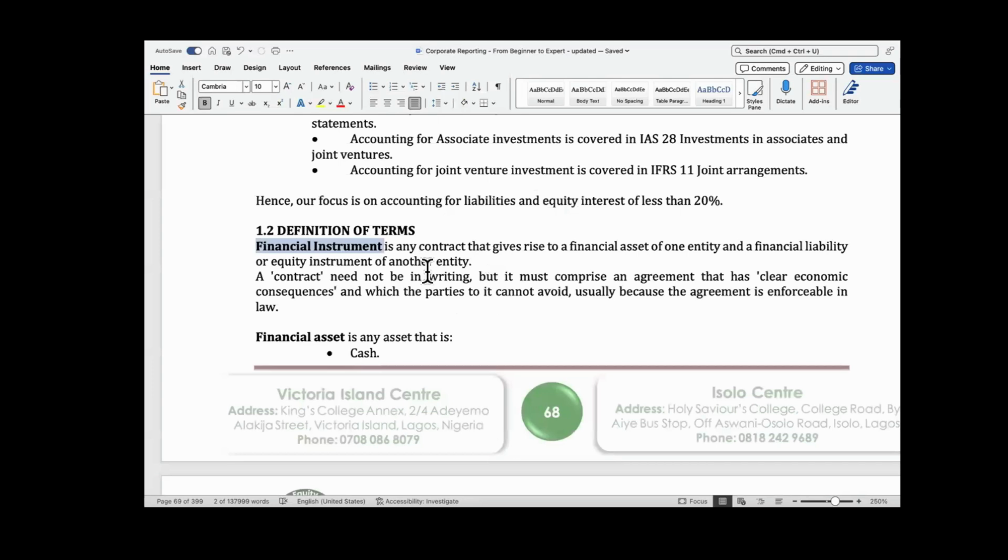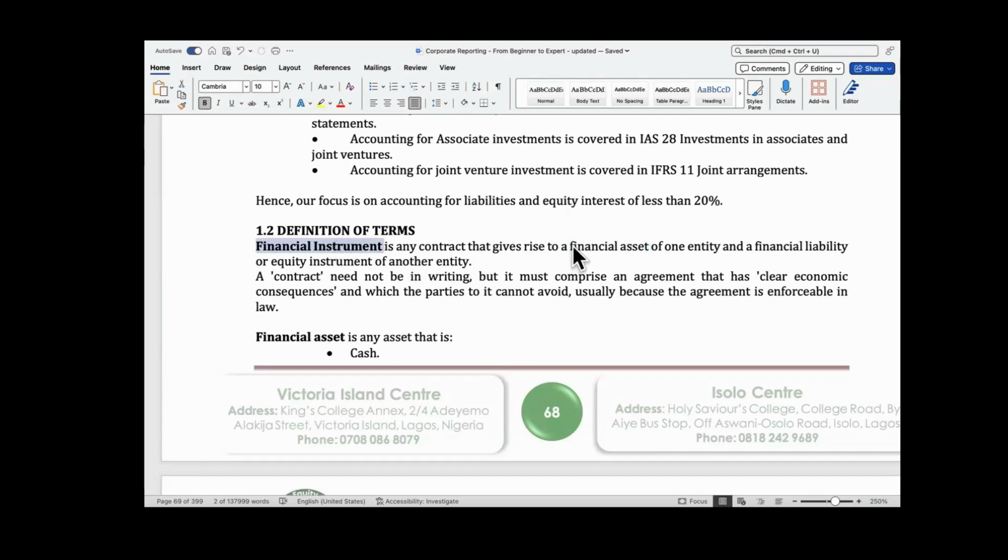And in defining it, we said financial instrument is any contract that gives rise to financial assets of one entity and financial liability or equity instruments of another entity. So for us to have a financial instrument, this definition has captured everything that must be in existence: financial asset, financial liability, or equity instrument. So before the financial instrument can even exist, there has to be at least two parties.